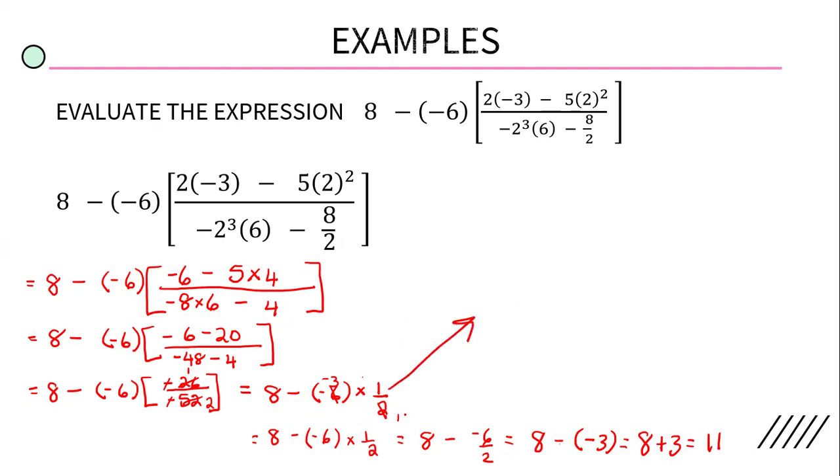When I cancel, 2 can go into 2 once, 2 can go into -6, -3. We would have ended up with 8, subtracting -3. We have 8, negative times a negative is giving us a positive. So we end up with +11. Either way, we get the same solution.